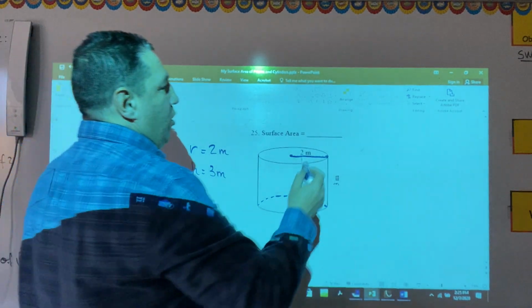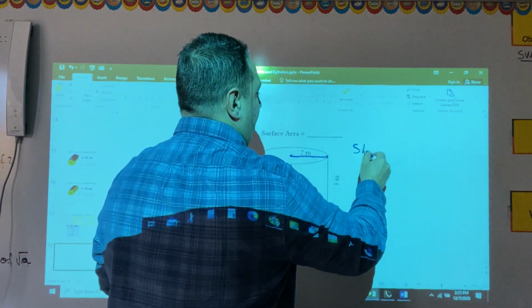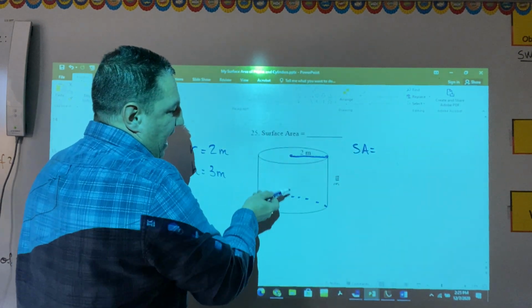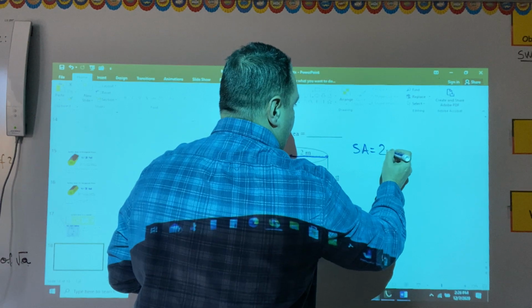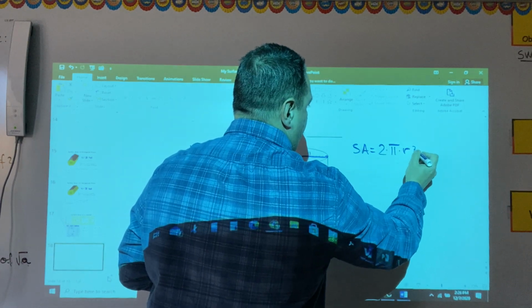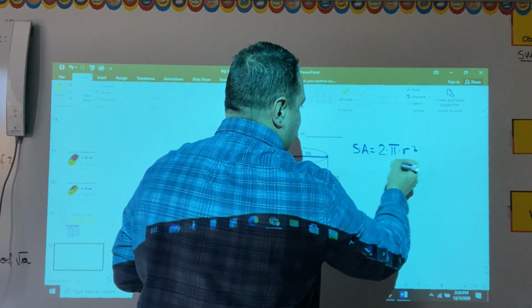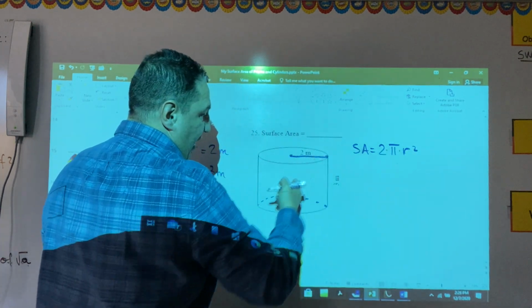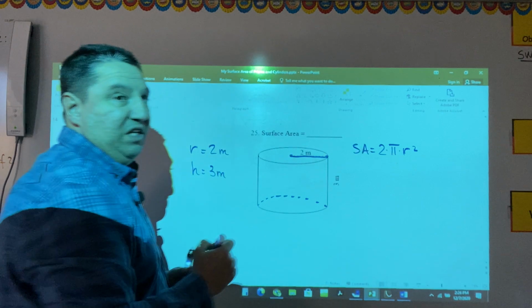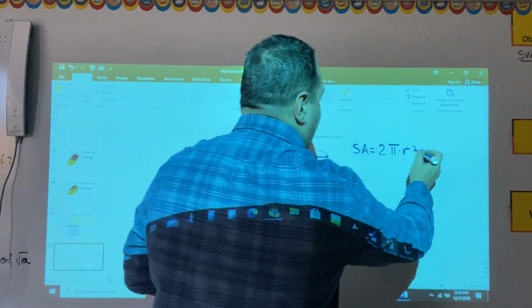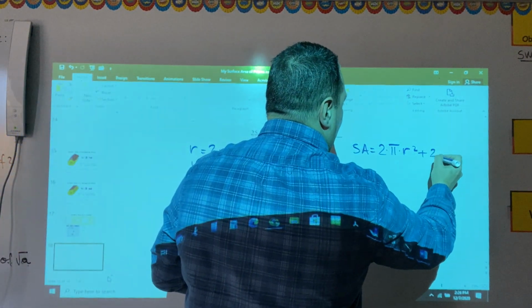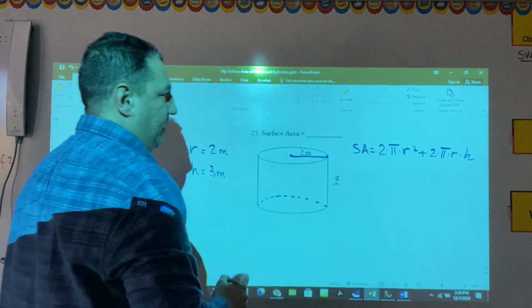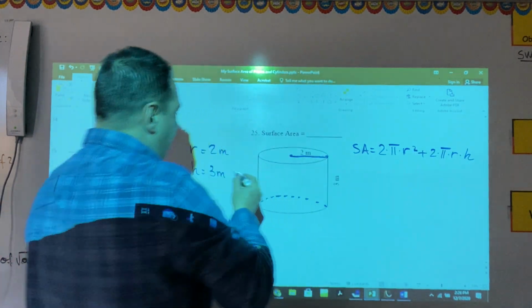So, as we know, surface area would be 2 times pi times r squared, right? This is the area of one circle. Because you have 2 such circles, we have to multiply by 2. Plus 2 times pi times r times height. So you plug it in, right?